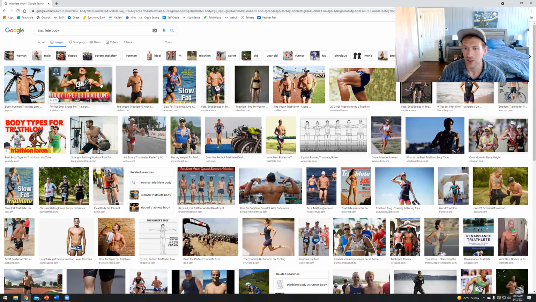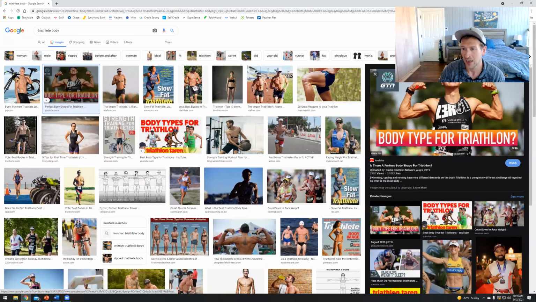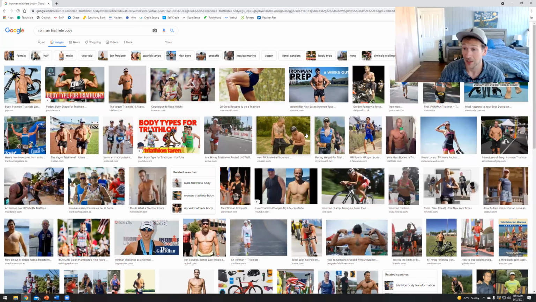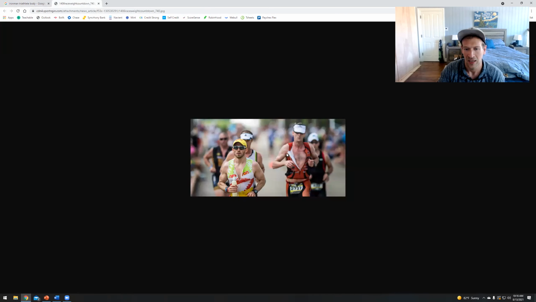There's still a goodly amount of muscle here, but an Olympic triathlete is a much shorter distance. Look at an Ironman triathlete, which is the longest event in the world, and it's going to be a lot leaner. There's going to be a lot less muscle mass there.